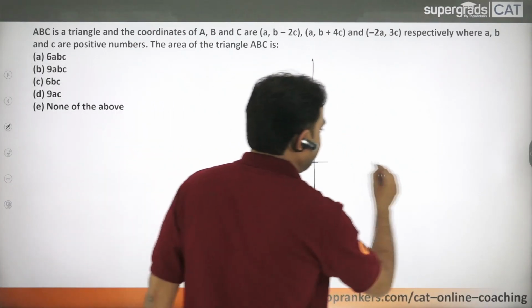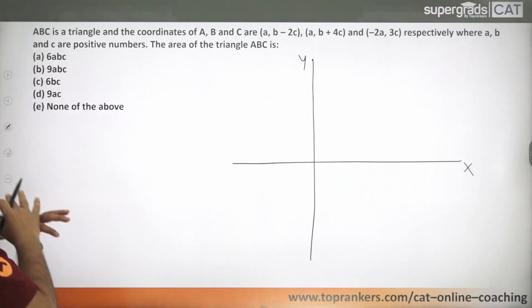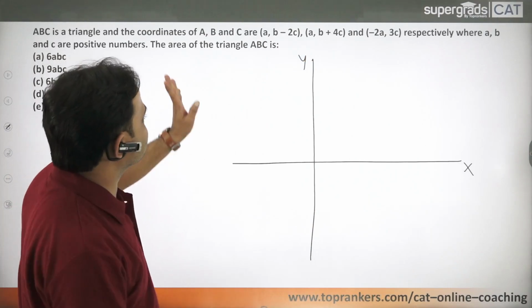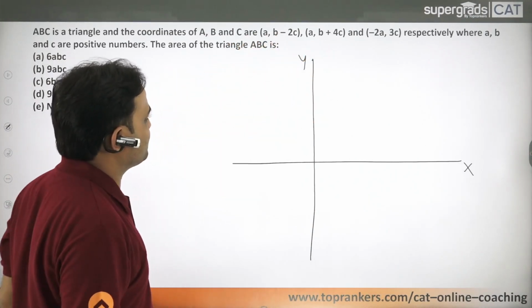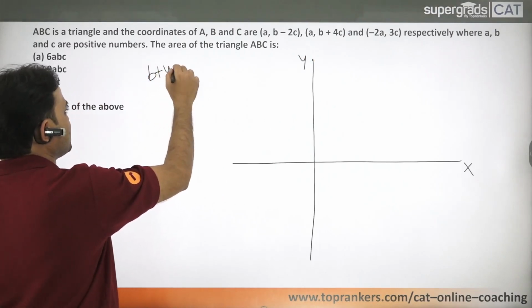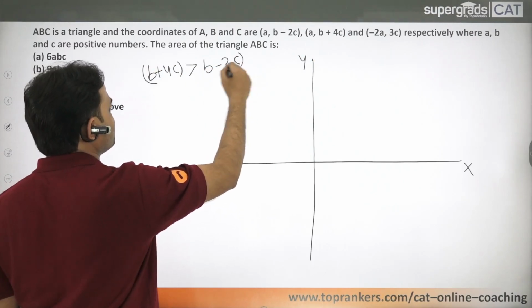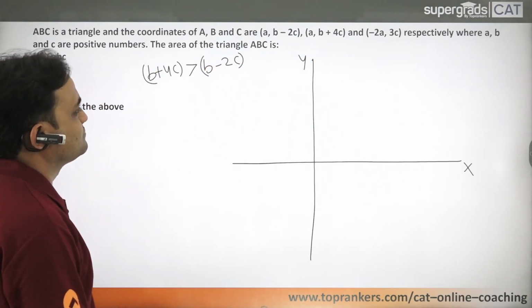Let's say X and Y. Can we say, as a, b, c are all positive values, b plus 4c will definitely be greater than b minus 2c, right?